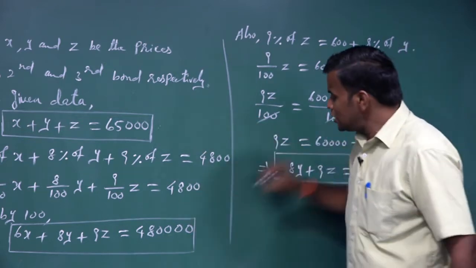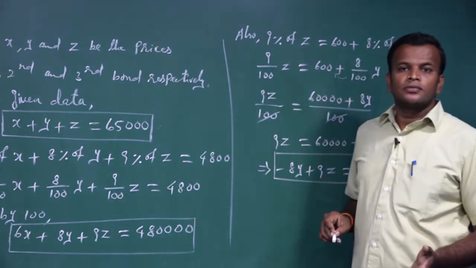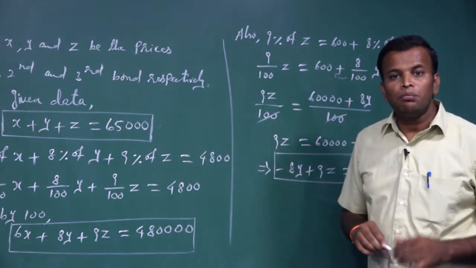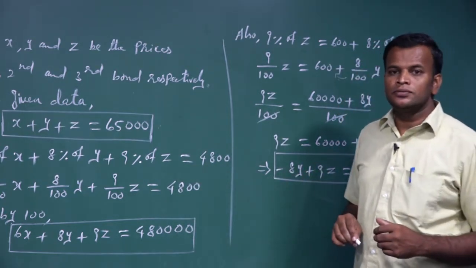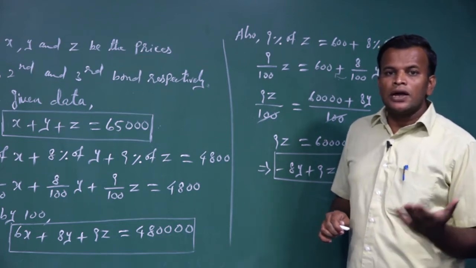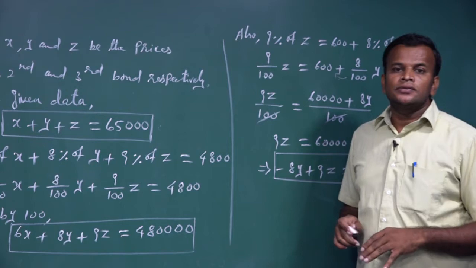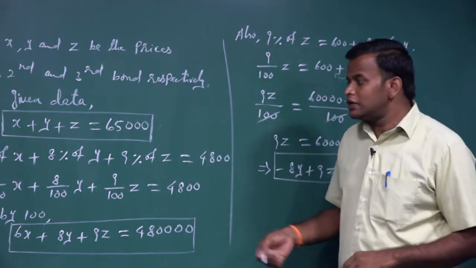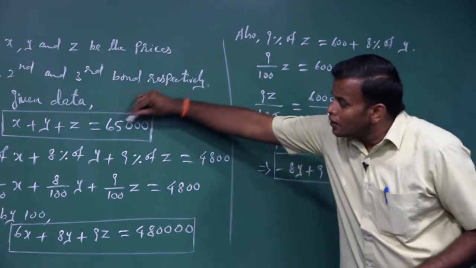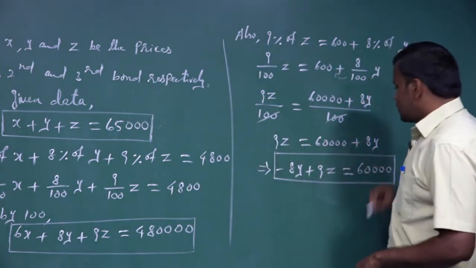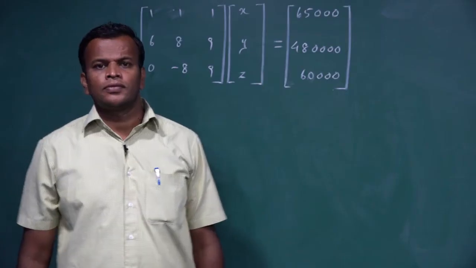After finding these three equations, what is the next step? To convert the given system of equations into matrix form. How to write in matrix form? The first is the matrix of coefficients of x, y, z, then x, y, z, and the RHS is the constant matrix. The constants are 65,000, 4,80,000, and 60,000.